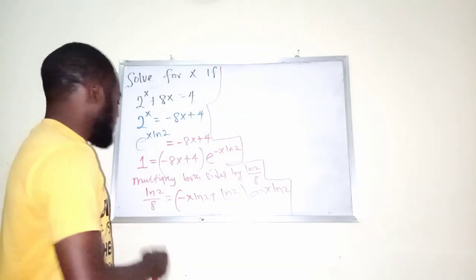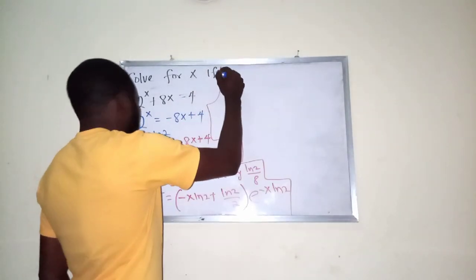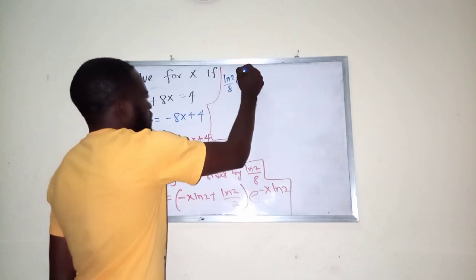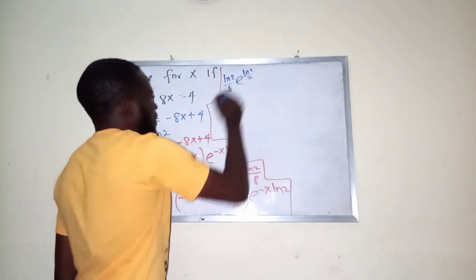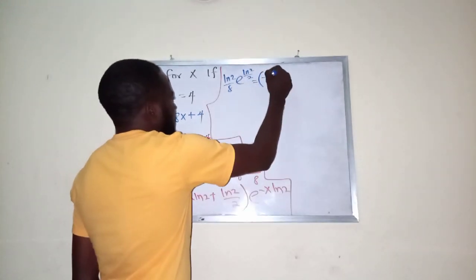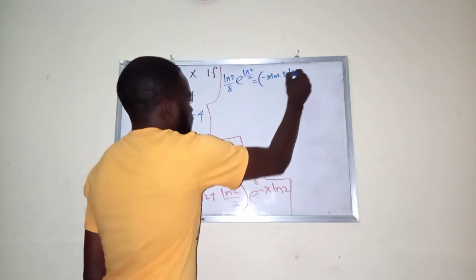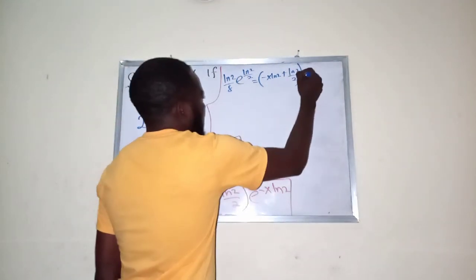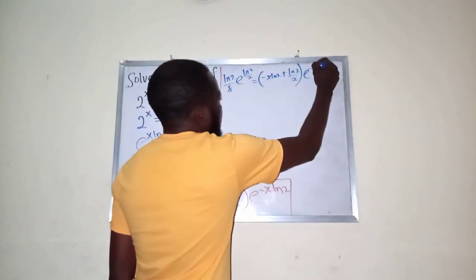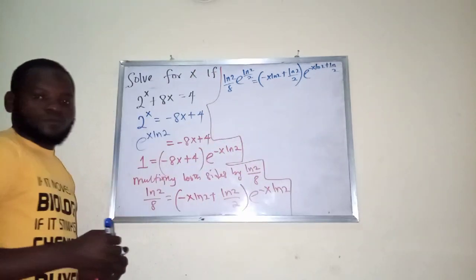So if I do that, I'm going to have this become ln 2 over 8 times e to power of ln 2 over 2 equal to negative x ln 2 plus ln 2 over 2 times e to power of negative x ln 2 plus ln 2 over 2.